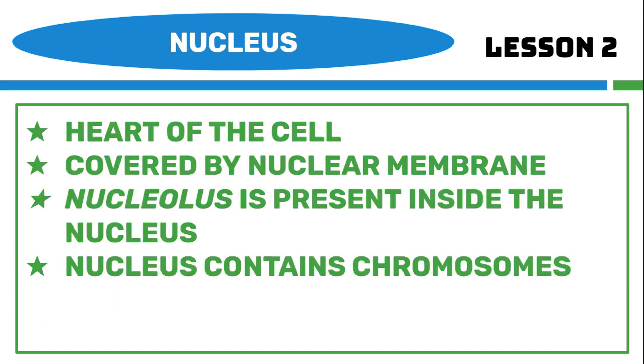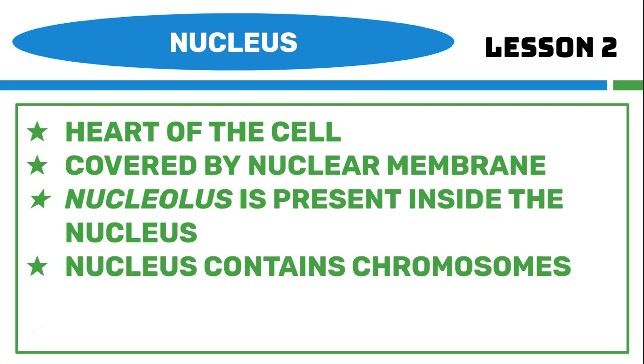So the nucleus, also known as the heart of the cell, is covered by a nuclear membrane, and on top of that membrane there are small pores known as nuclear pores, which permit substances in and out. Inside the nucleus there's a nucleolus, which takes up about 25% of the volume inside the nucleus, and it plays an important role in the formation of RNA, ribonucleic acid.